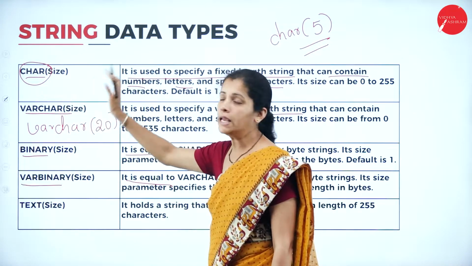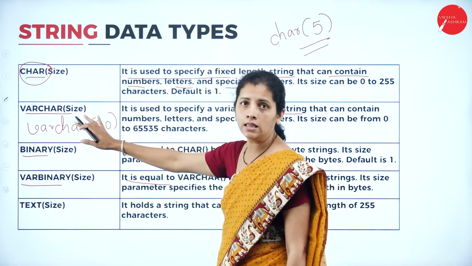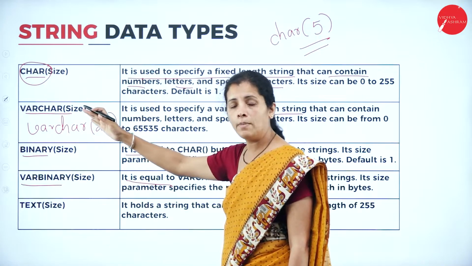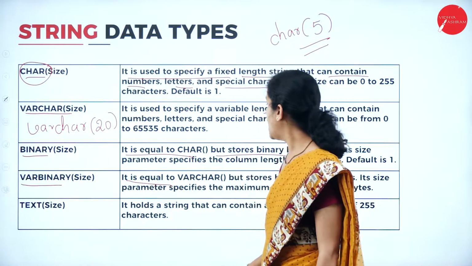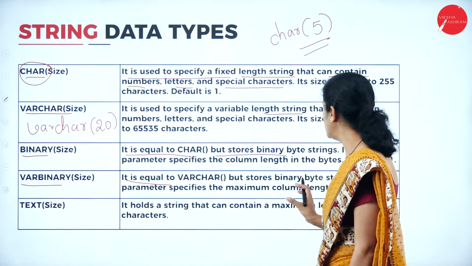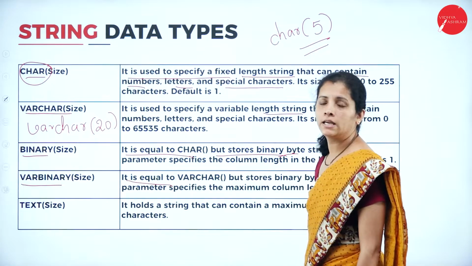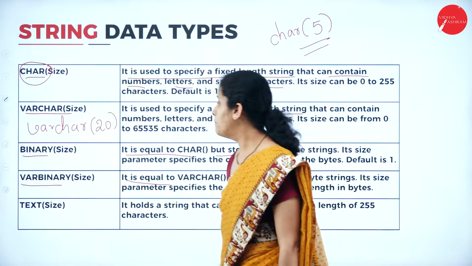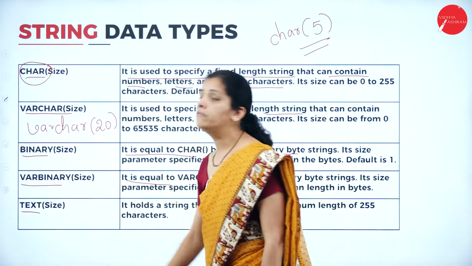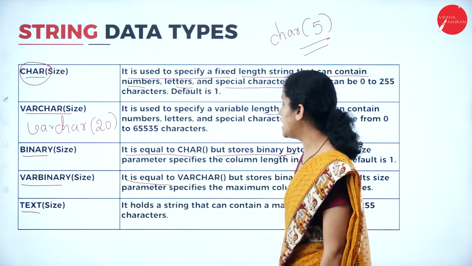Instead of storing variable length characters or numbers or special characters, I am going to store only binary bytes, that is variable binary bytes, and I am going to have text along with size.